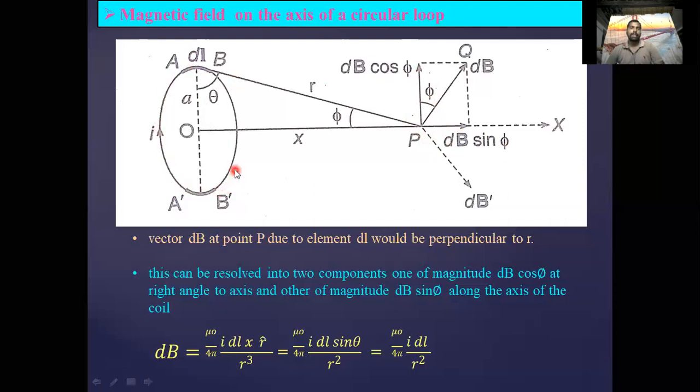Similarly, we have to cut the same elements in the circle. We have to choose one element opposite to the AB. That element has the same length as AB, that is A dash B dash. Using this one, the same distance is given here. This is also the R value.